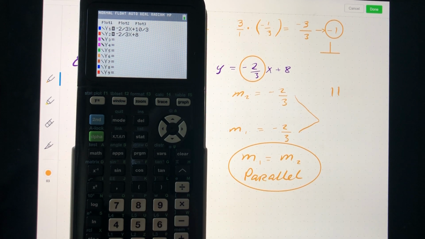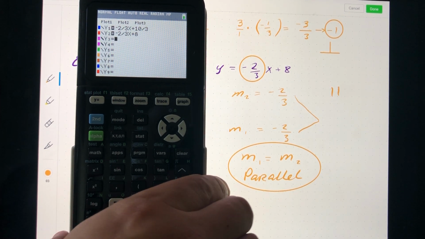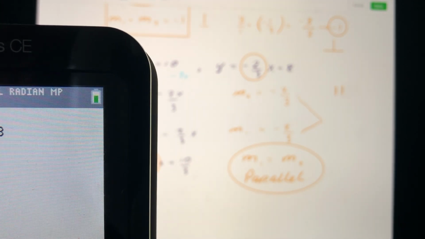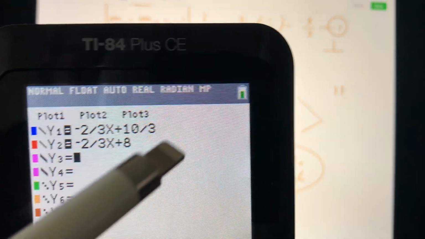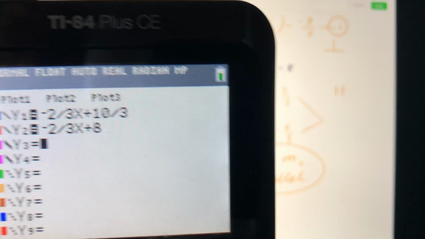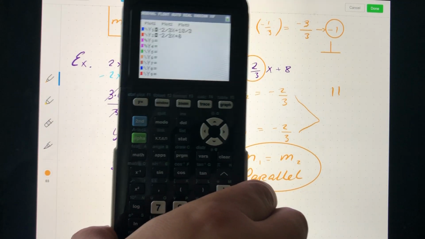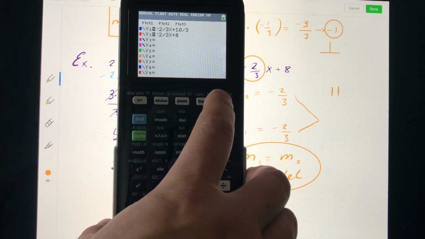Now as we type it in, we notice right away that the slopes are the same, but we also notice that the y-intercepts, the b numbers, are different, and that means there is a space between the two lines. So they're not the same line, they're actually two different lines.